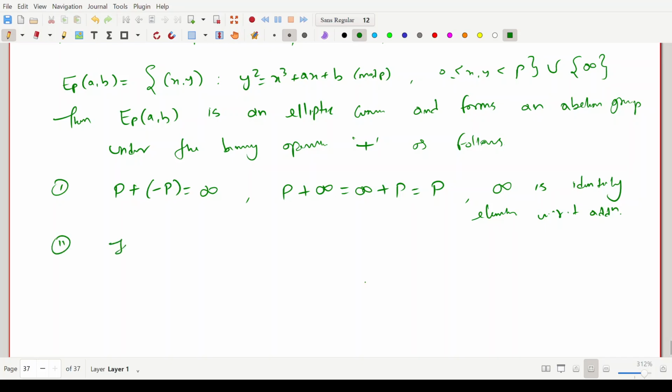Second, if P is equal to say (x1, y1) belongs to our curve E_p(a,b), then minus P is (x1, minus y1). That means actually the whole curve is symmetric with respect to the x-axis.